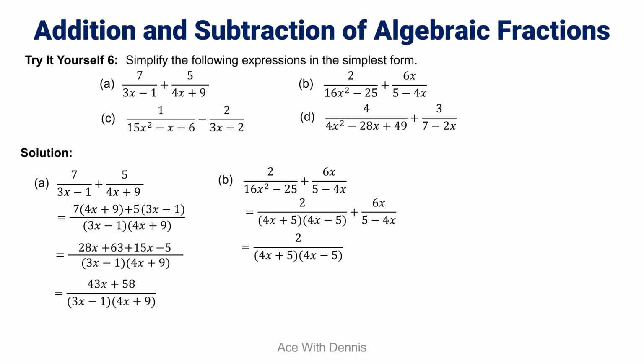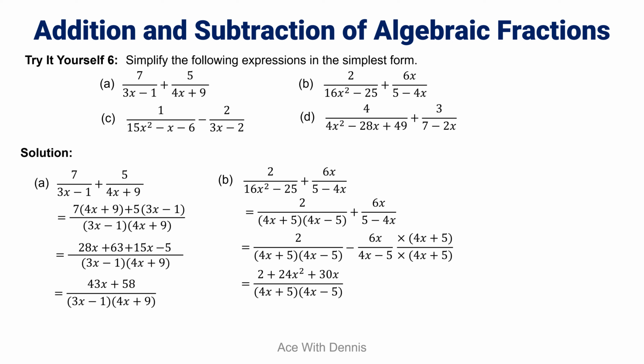Then from here, we can see that 4x minus 5 and 5 minus 4x, they are mirror, so we can switch the sign and the position. We get 2 over (4x plus 5) times (4x minus 5), then minus 6x over 4x minus 5. And the second fraction, we have to multiply with 4x plus 5 for the top and the bottom, so that both of the fractions will have the common denominator.